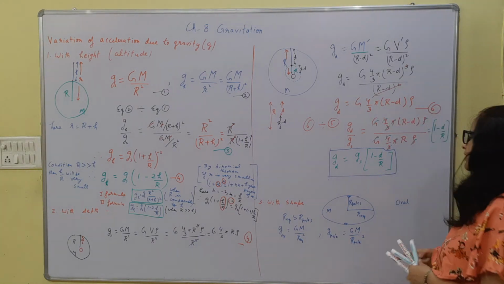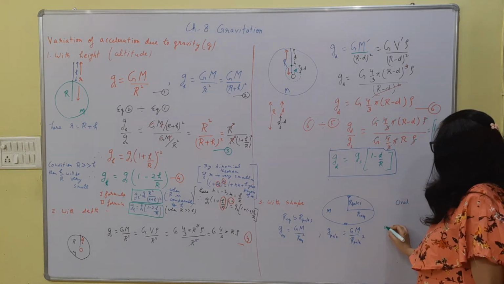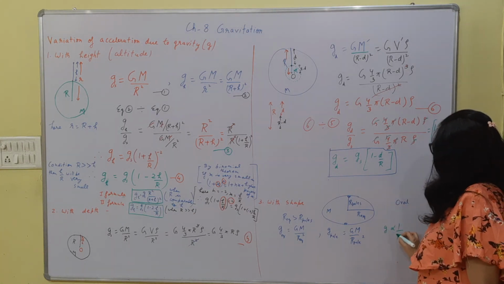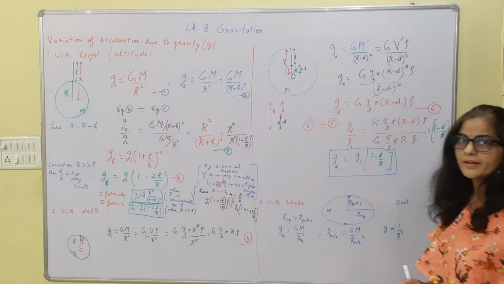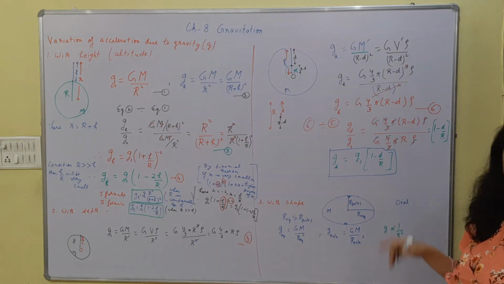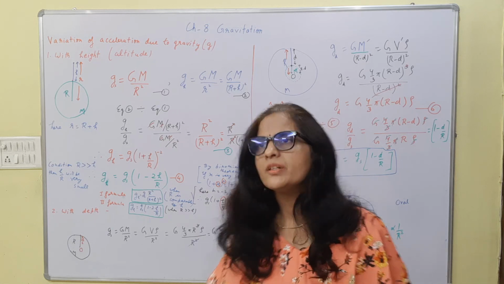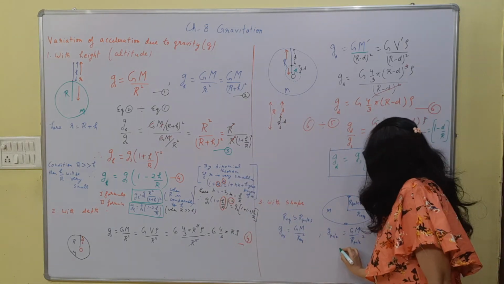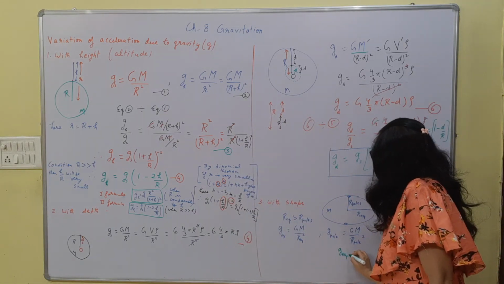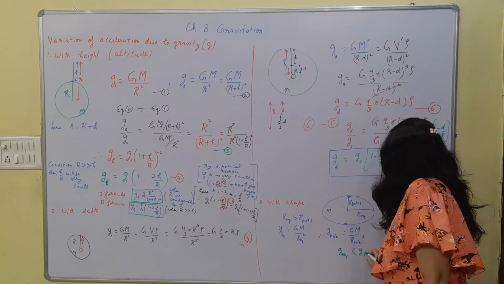We know that this is inversely proportional to radius square. So at equator the radius is more, so gravitational acceleration value will be less. So g at equator is less than g at poles.